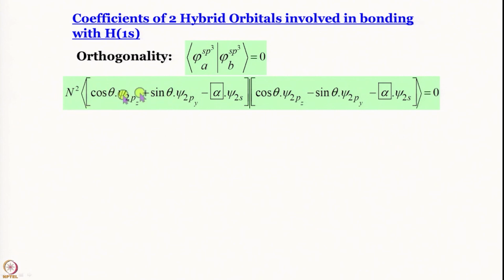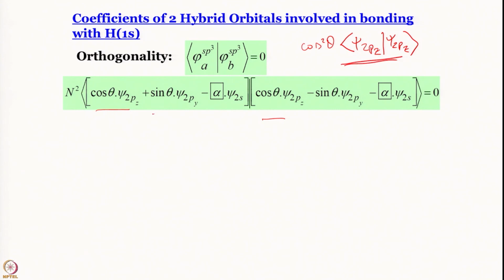In principle you have 3 and you are multiplying by 3, you should get that many terms, but it is not required, because we know that when we open the bracket we are going to get terms like, suppose I take this and this, what will I get? Cos square theta integral psi 2pz over all space. Now this is normalized, so this is actually going to be 1.